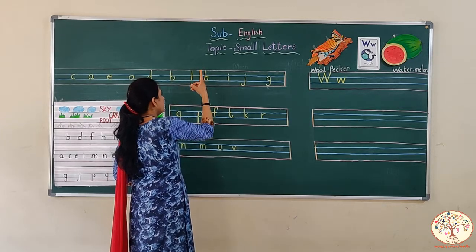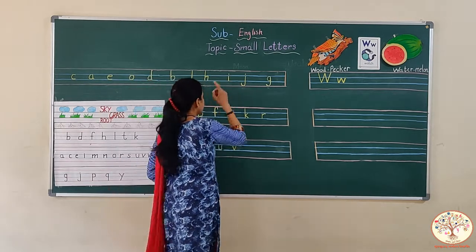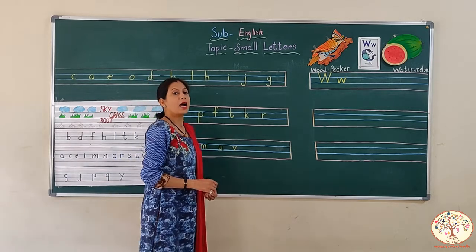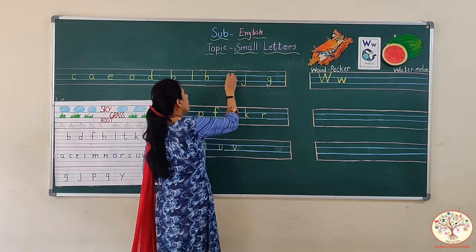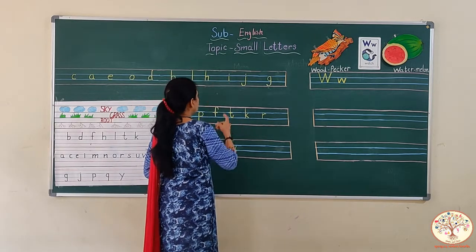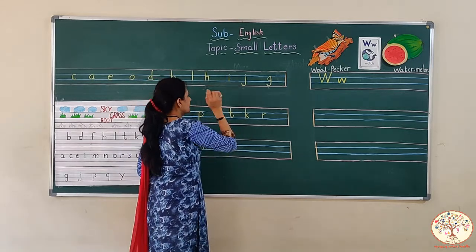Start from the sky line and go to the grass line. And this one is I. Very good. I says E. Small standing line and a dot on the top. This is grass letter. We make this letter in the grass line.